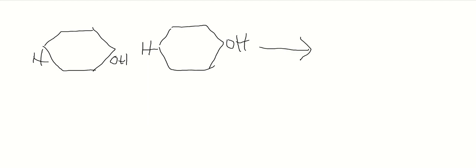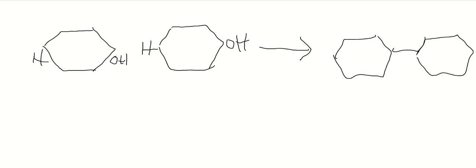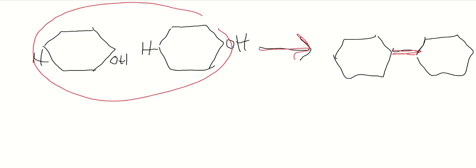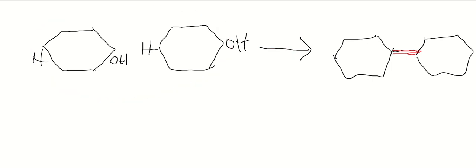All right, and how are they going to turn into this larger polymer? The question here is, how are we going to make this bond? How are we going to connect these two and make it look like a larger molecule? Well, the way that happens is an OH from one monomer is going to be removed, and an H from another monomer is also going to be removed, and that's going to form a water molecule.